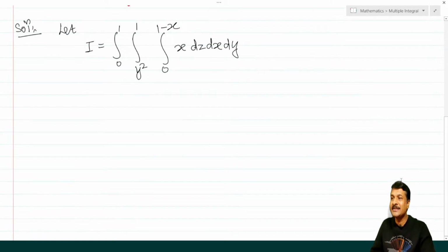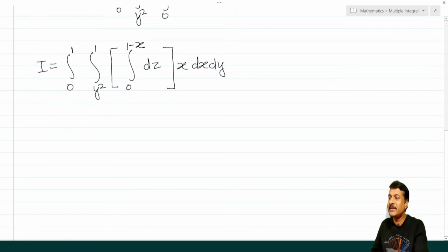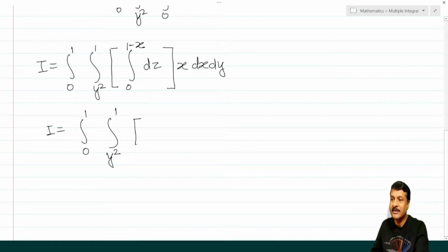Only z inside, remaining all outside, and that is why I equal to integration 0 to 1, inner integration y square to 1, and inside only z from 0 to 1 minus x, dz, with dx dy outside. So what is the integration of dz? The integration is z. So I am getting I equal to integration 0 to 1, inner integration y square to 1, and here z, lower limit 0, upper limit 1 minus x, dx dy.